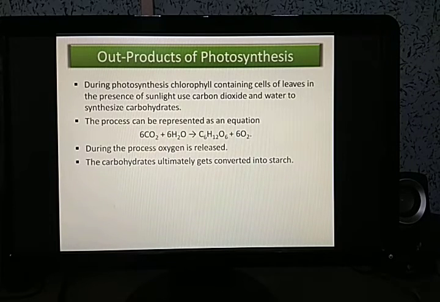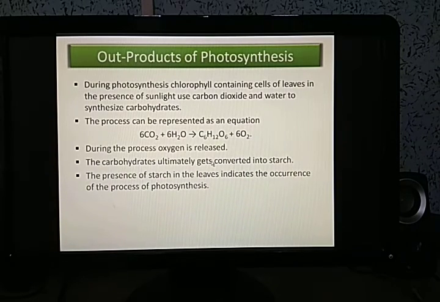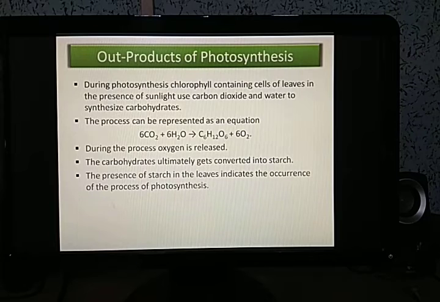Now the carbohydrates ultimately get converted into starch. As I said, this gets converted into what? Glucose. C6H12O6 is the glucose formula. Now the presence of starch in the leaves indicates the occurrence of the process of photosynthesis. There is an activity after this.